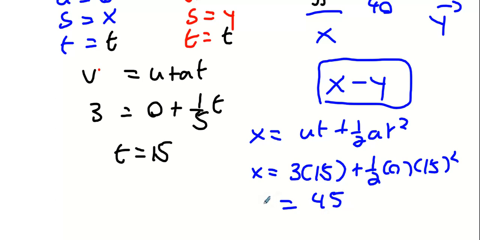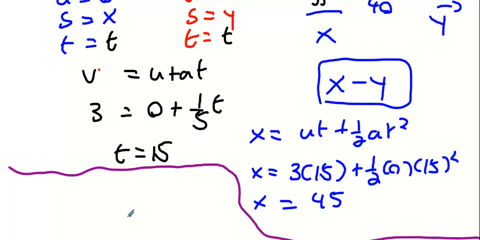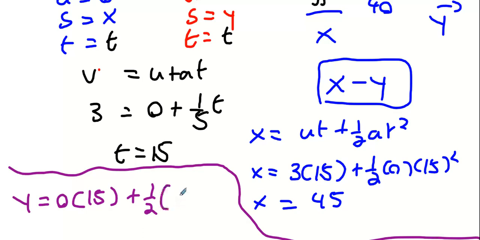Now what about the bus? Which is y. How far did the bus travel? We're using ut plus a half at squared again. The bus started from rest, 0, the t value, and then a half times a fifth times t squared, which is going to give us an answer of 22.5.